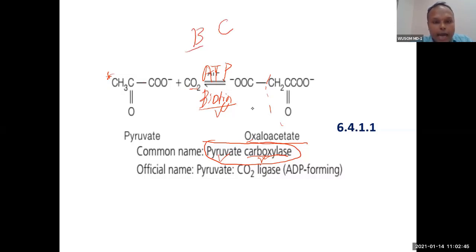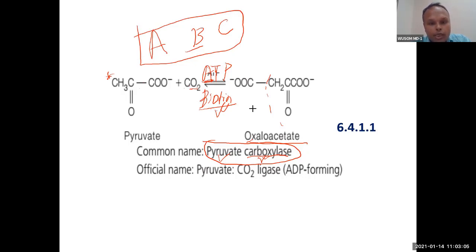When CO2 is added, biotin will come. And this all happens through the utilization of ATP. So A, B, C are coming together for this reaction. ATP is being utilized for soldering of the CO2 to this pyruvate, and biotin is also coming to help this soldering. Did you get this concept of pyruvate carboxylase?